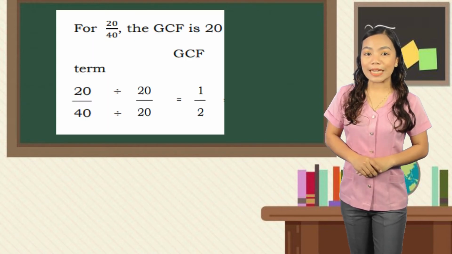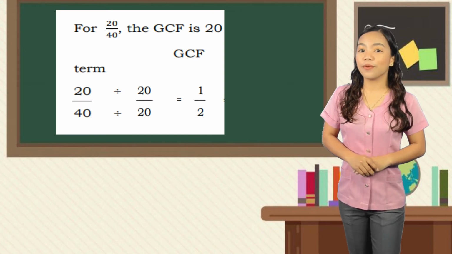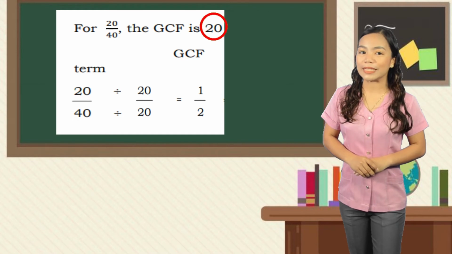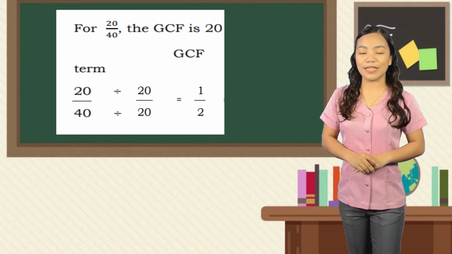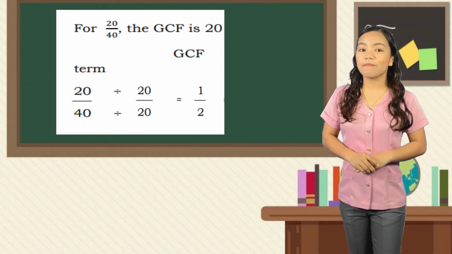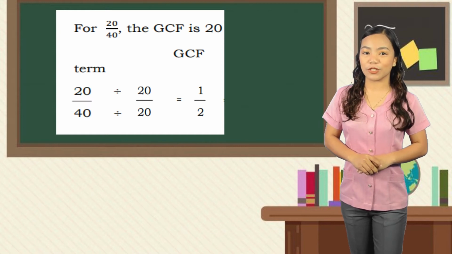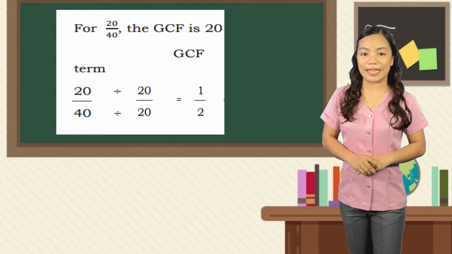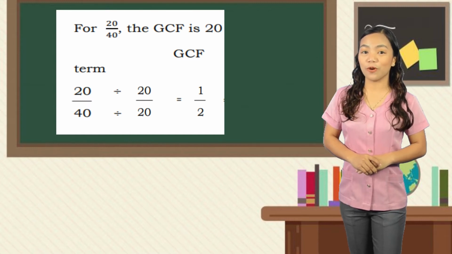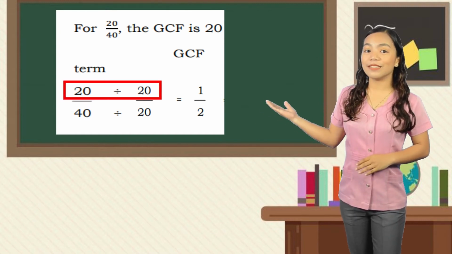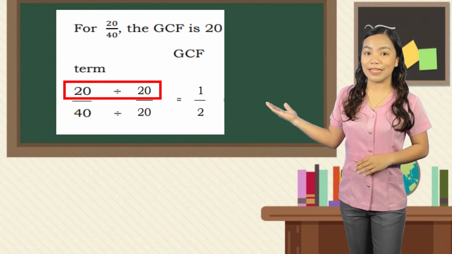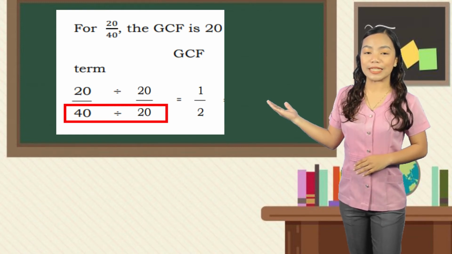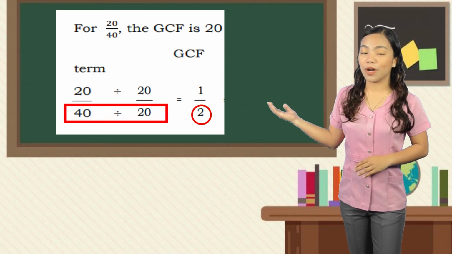For 20/40, the greatest common factor or GCF is 20. We reduce it to its lower term by dividing both numerator and denominator by the GCF 20. That results to 20 divided by 20 equals 1 and 40 divided by 20 equals 2.